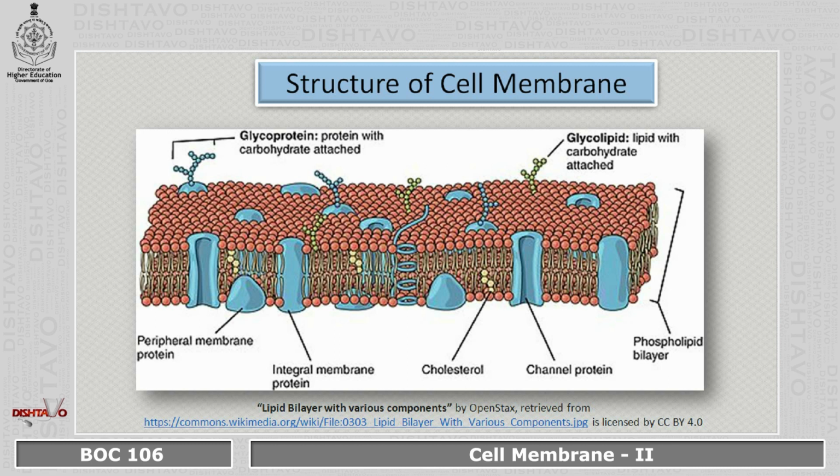They are of two types: the peripheral or extrinsic proteins and the integral or intrinsic proteins. The peripheral proteins are arranged on the surface and are loosely bound to the lipid. The integral proteins are deeply embedded and are tightly bound to the lipid molecules.